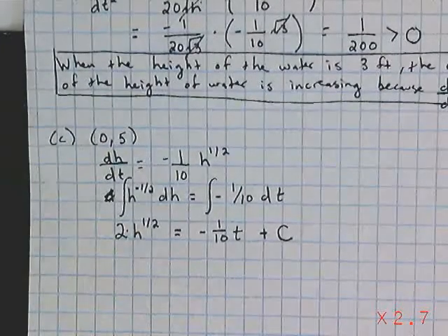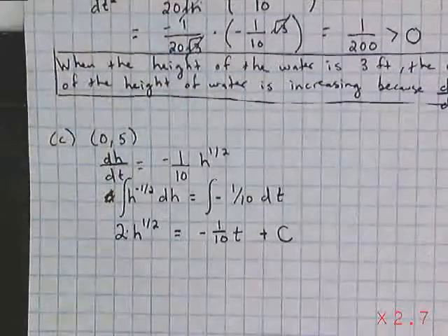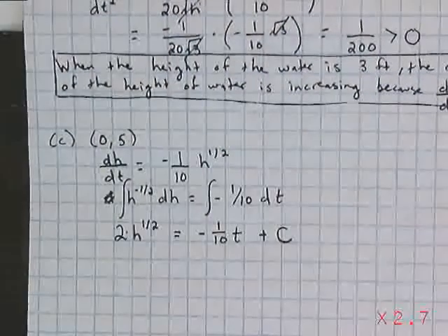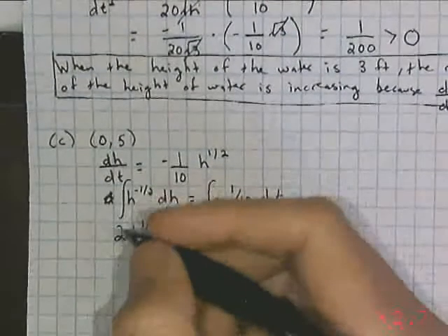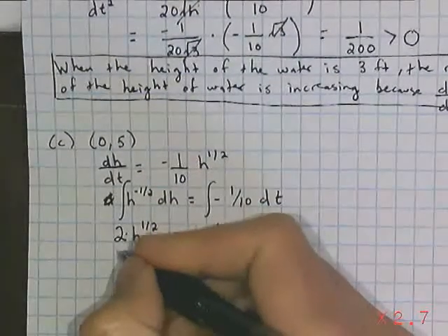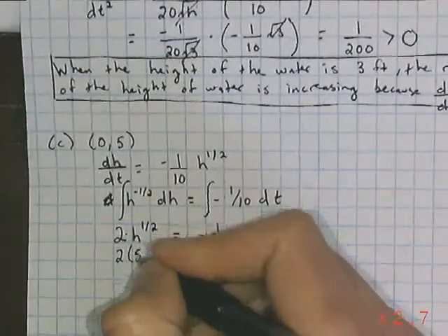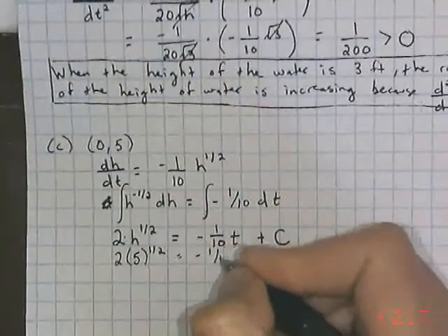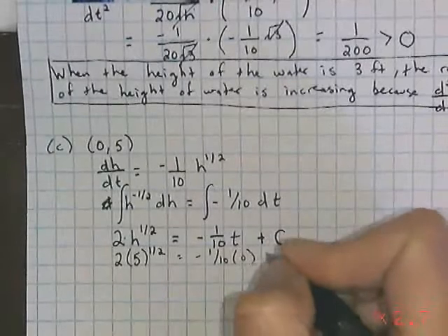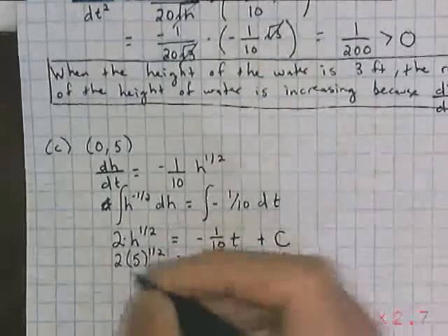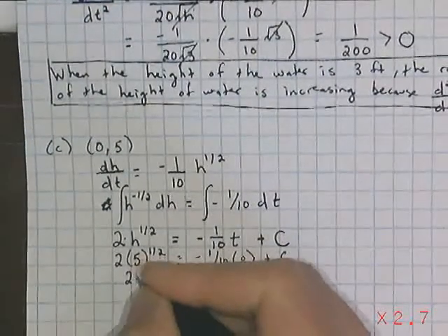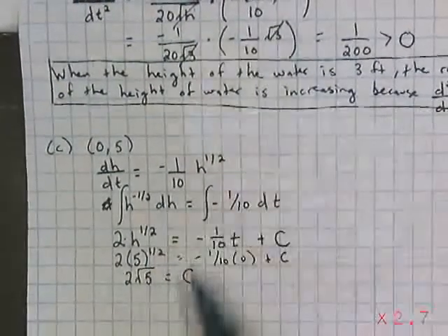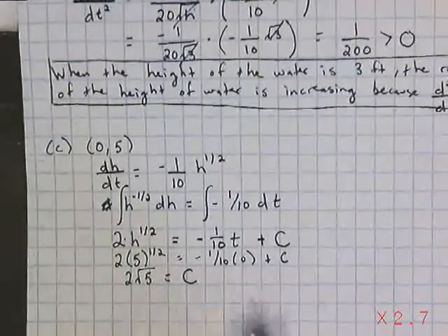So let's find c right here by using this initial condition that at time 0, h is equal to 5. And so we get that 2 root 5 is equal to c, and you will get a point for having that line.